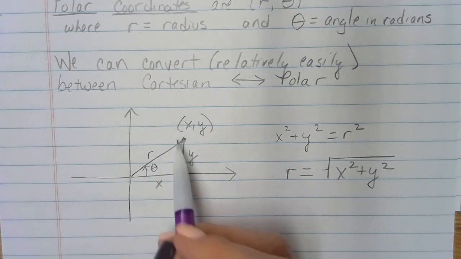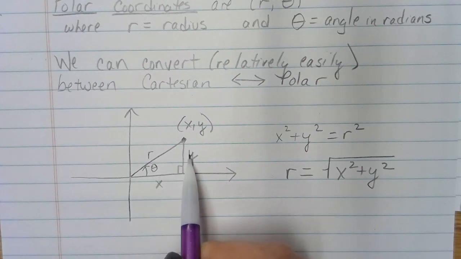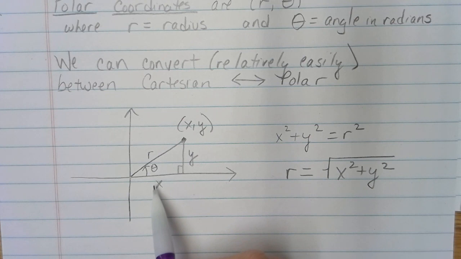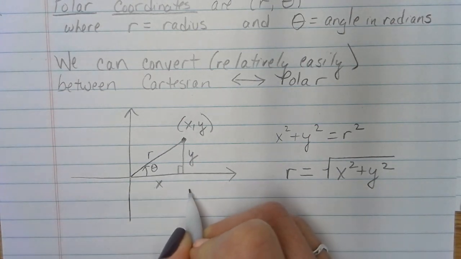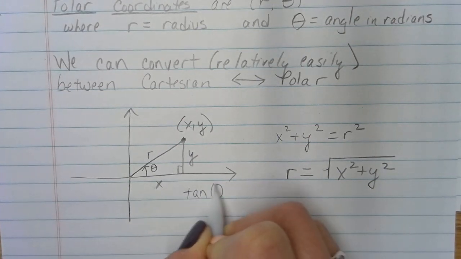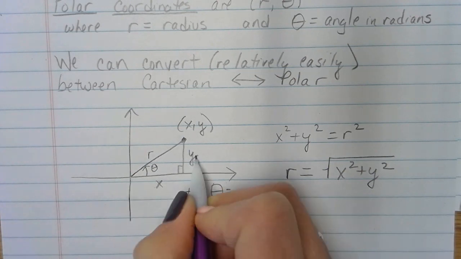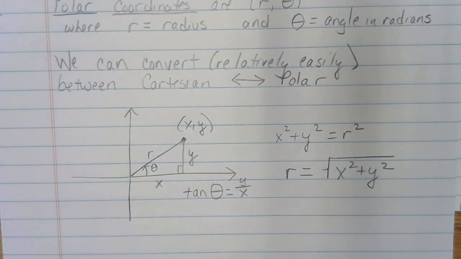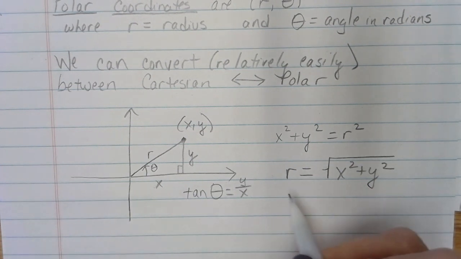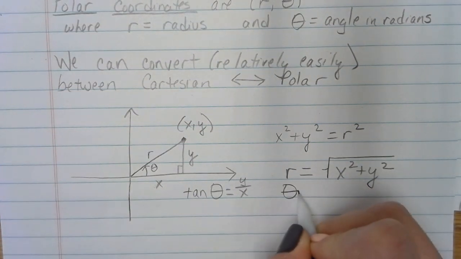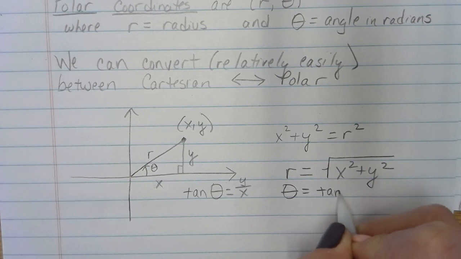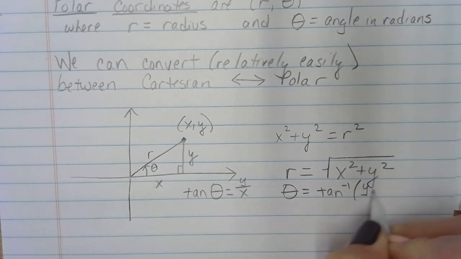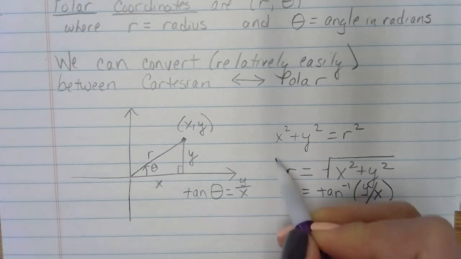In a right triangle, TOA, the tangent, involves the opposite and the adjacent. So the tangent of theta is opposite over adjacent, which is y over x. If I solve that for theta, it's the inverse tangent of y over x.